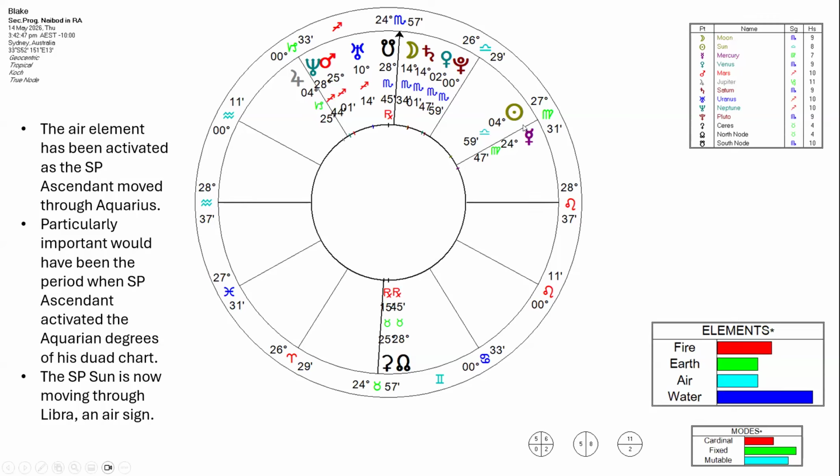And his secondary progressed Sun's now moving through Libra. So he's getting the air element activated really strongly. Right. He started writing. I know he started writing novels or science fiction novels. So I'll go back because I want to look at his chart to see why.